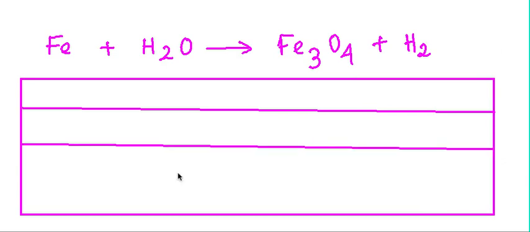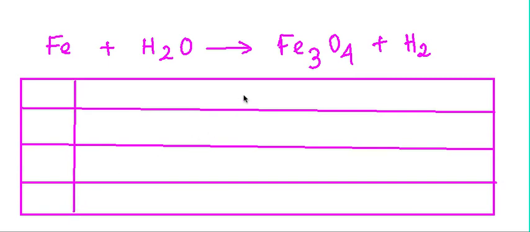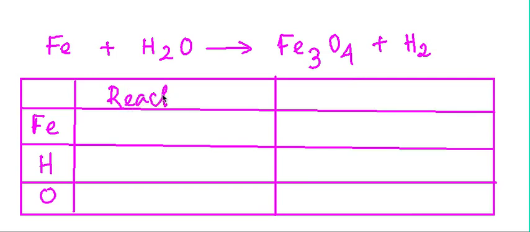Here we have 3 elements present in this equation, so we should have a place to write for those elements. We have iron, hydrogen, and oxygen. For reactants we write on this side, and here products.